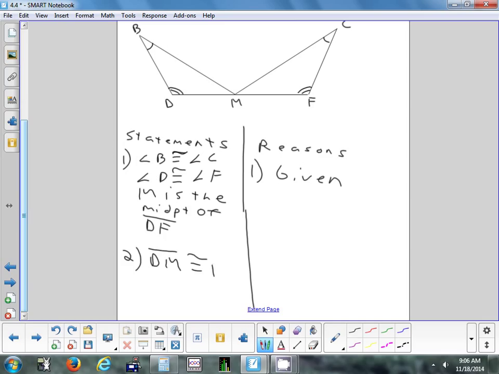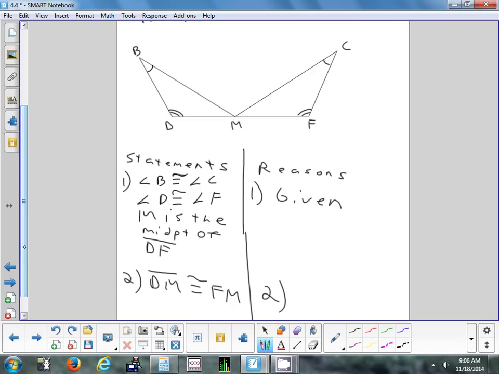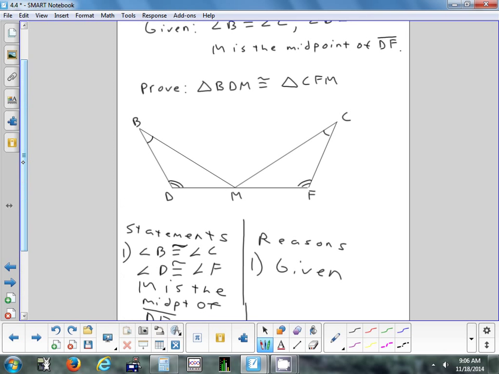DM congruent to FM. What's the reason? Congruent. Yep, but why are they congruent? Definition of midpoint. Good. That's your definition of midpoint. Yeah, that's what I need. Okay, let's mark that.